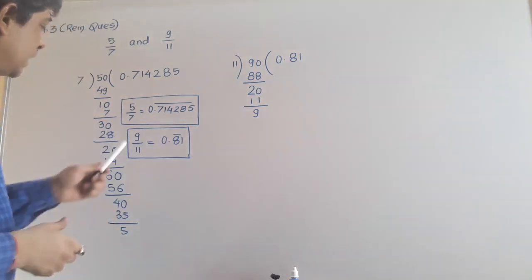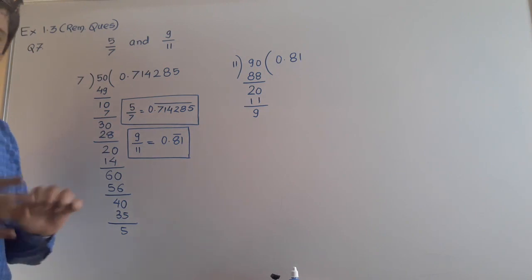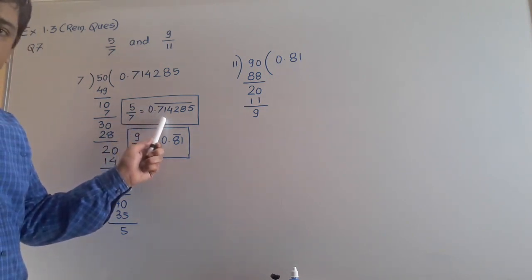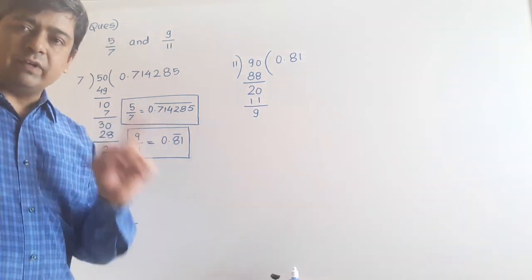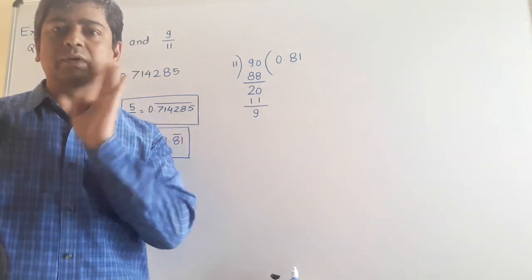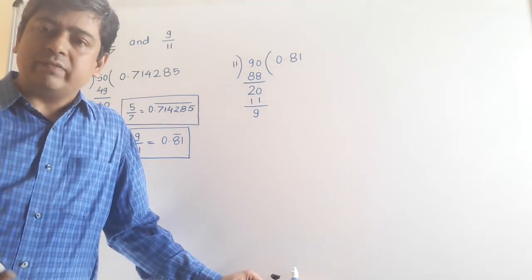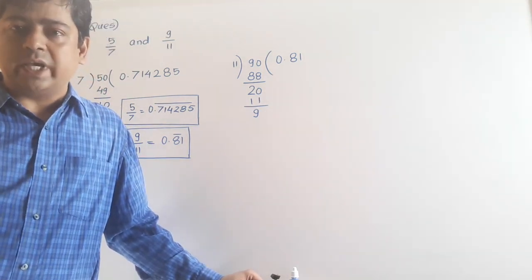So 9 upon 11 is equal to 0.81 bar. Now roughly you see my numbers are varying from 0.71 to 0.81. Okay, don't take 0.71 and don't take 0.81. Between 0.71 and 0.81, you can take 0.72, 0.73, 0.74 till 0.80.